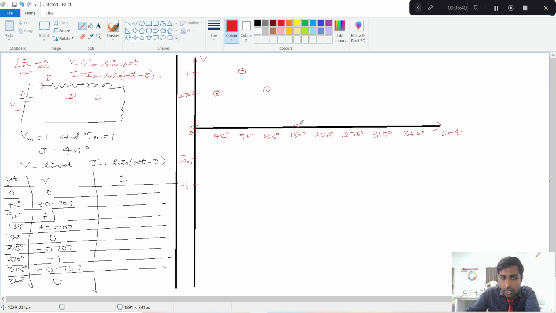For 225 degree it is minus 0.707. For 270 degree it will be minus 1, and for 315 degree again it is minus 0.707. For 360 degree it will be 0.